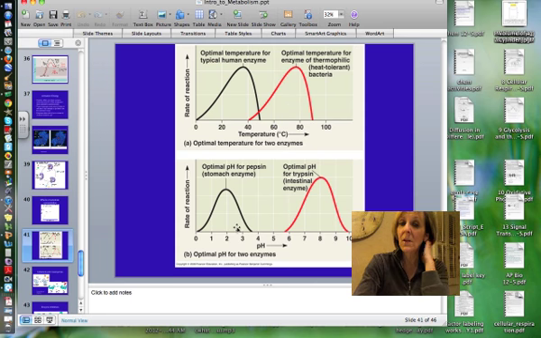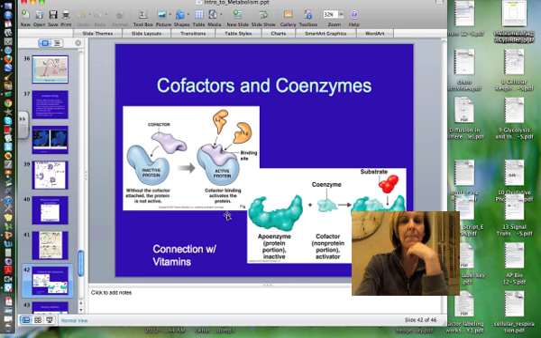And we also have very specific optimal pHs depending on where the enzyme is active. So here we have an enzyme in the small intestine where it's going to be a more basic or alkaline environment, and the pepsin enzyme in the stomach, for example, is going to have a more acidic environment.